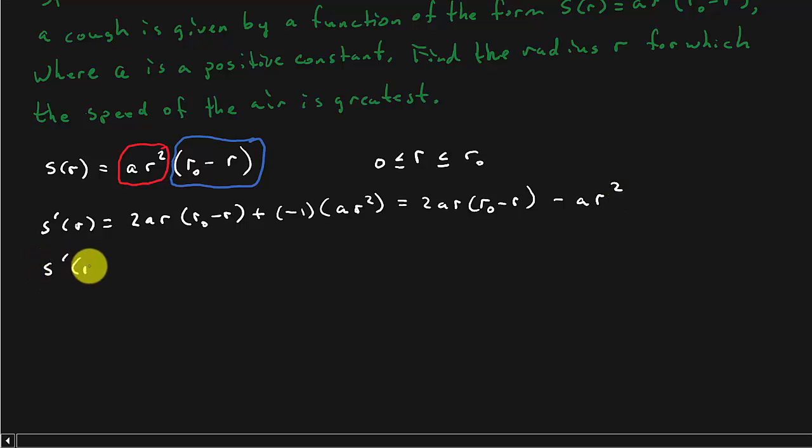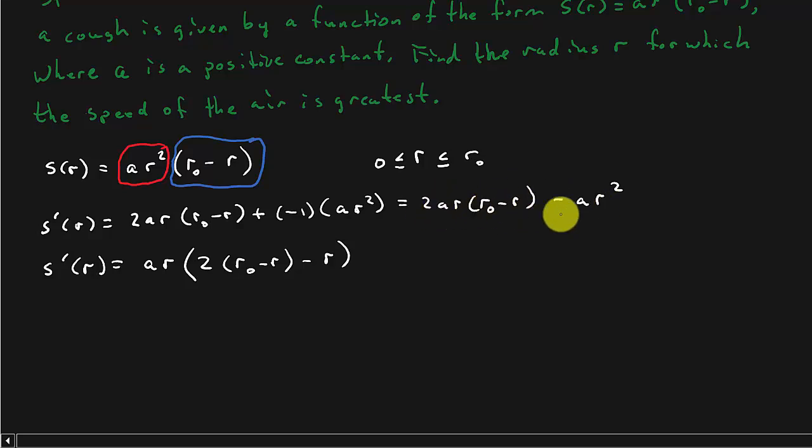And so I get s prime of r is equal to, let's do ar times 2 times r0 minus r minus r. I just factored out a common factor of ar. And so when I pull that out of here, I'm left with 2 times this.